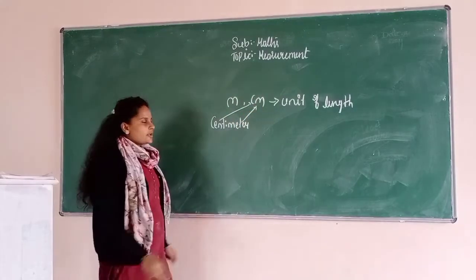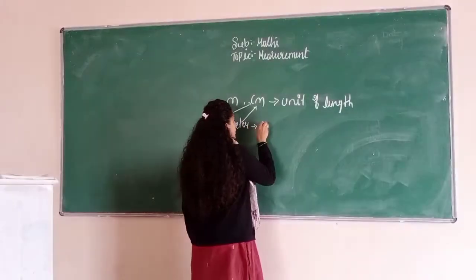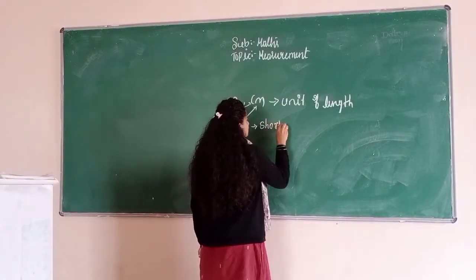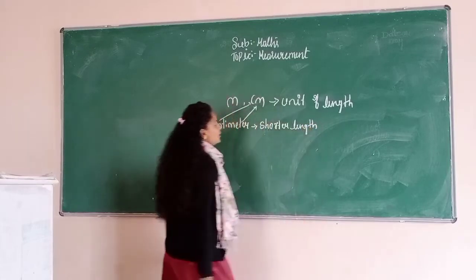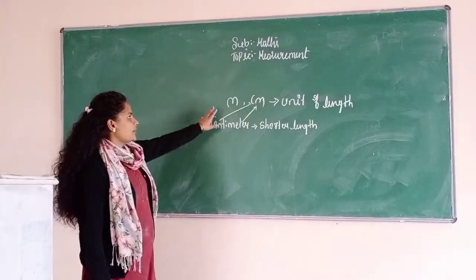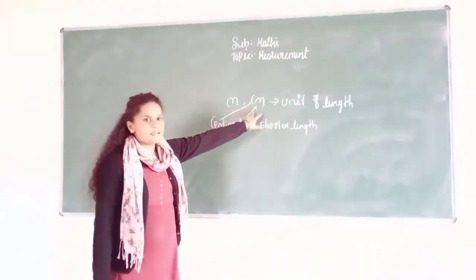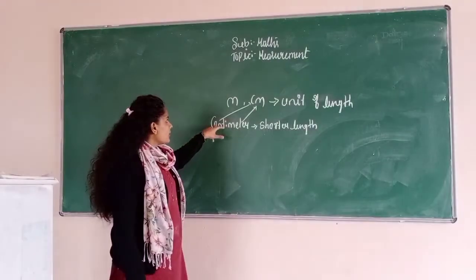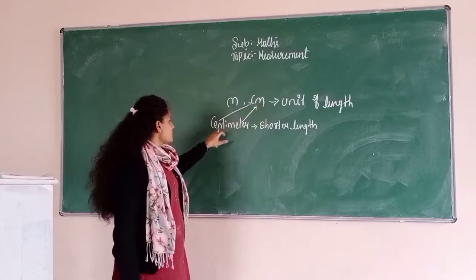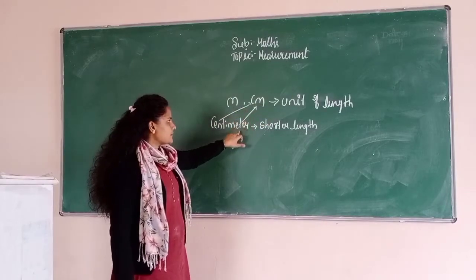So centimeter is used to find the shorter length. For the measurement of length, we have two units, meter and centimeter. We are learning about the centimeter. We can write it as cm.